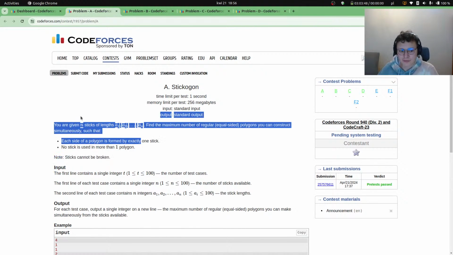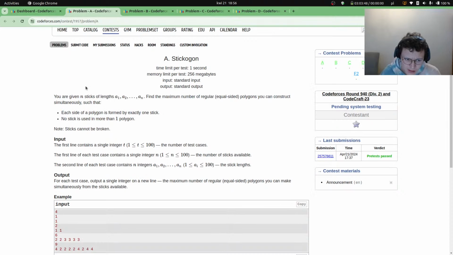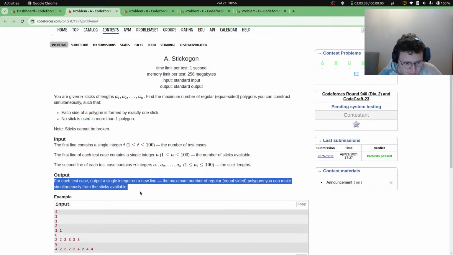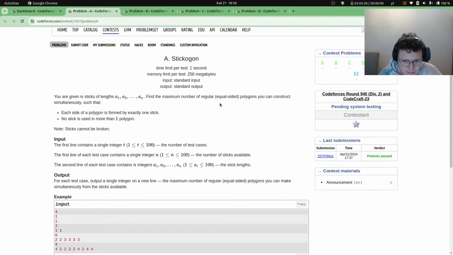So first to problem A. In problem A we are given n sticks, each stick has its length, and we want to say how many regular equal-sided polygons we can construct from those sticks.